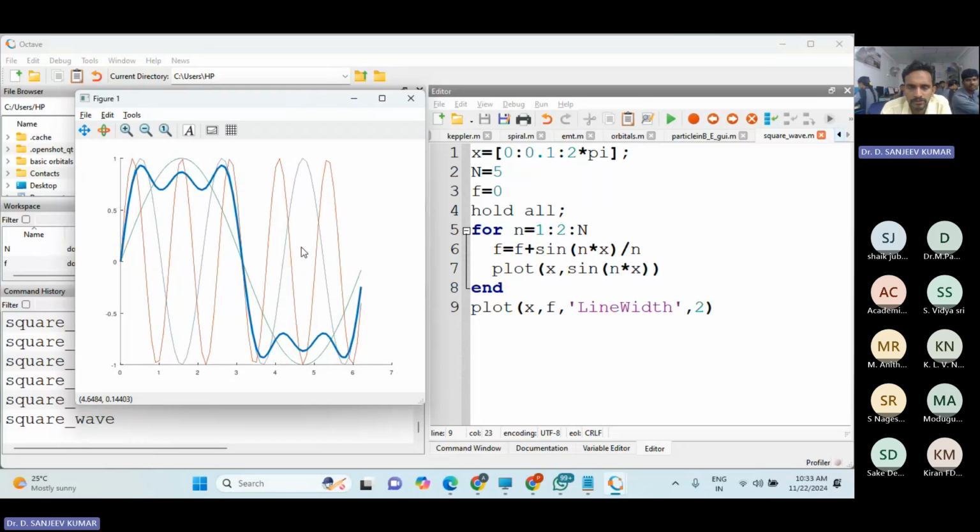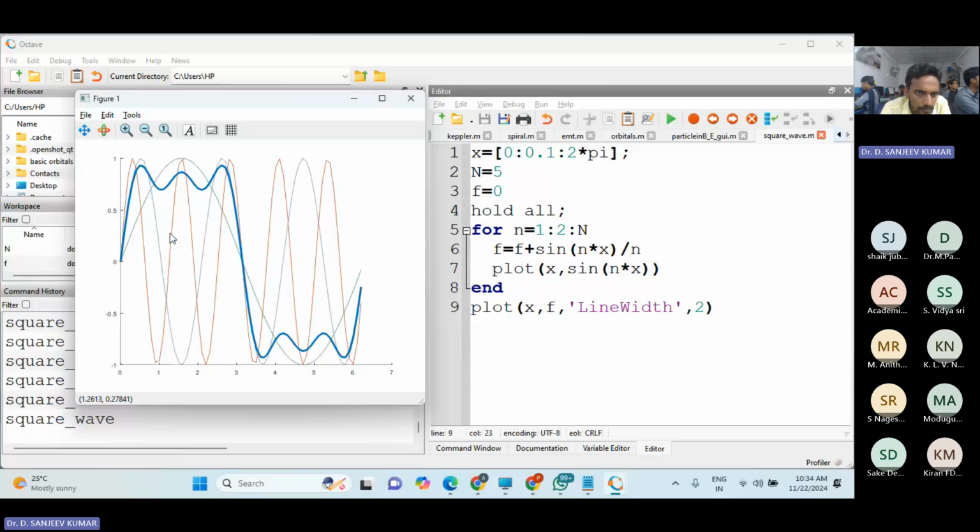So it has contributions from 3 sine waves. One with unit frequency, within 0 to 2 pi we have a single sine wave.